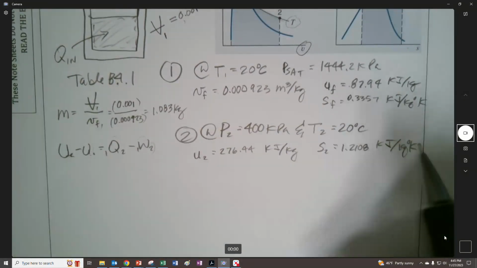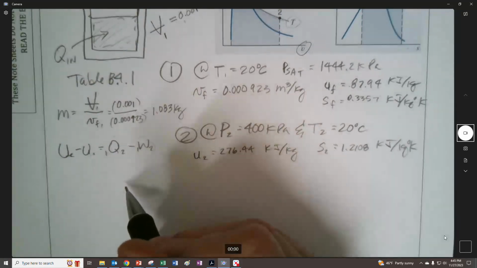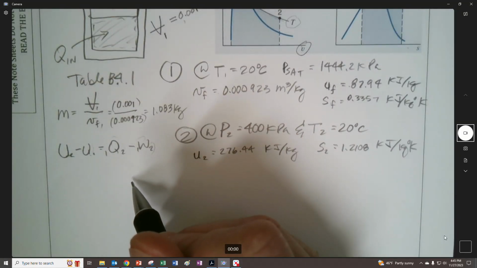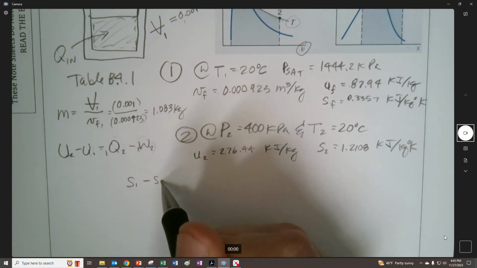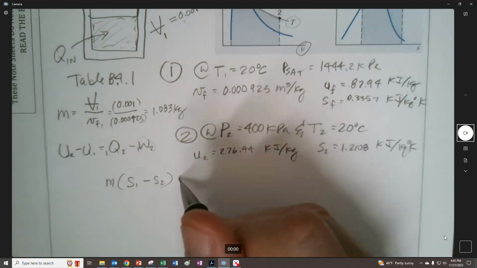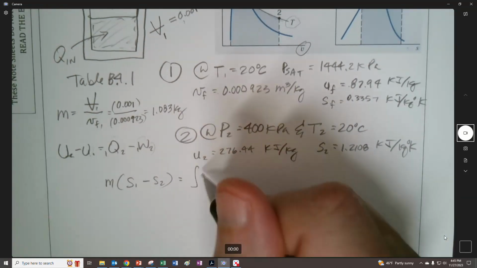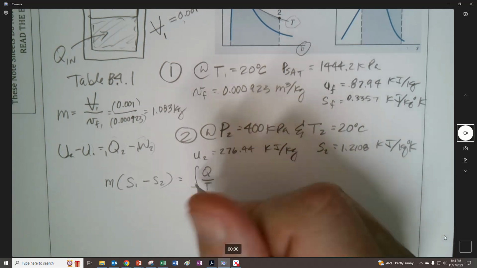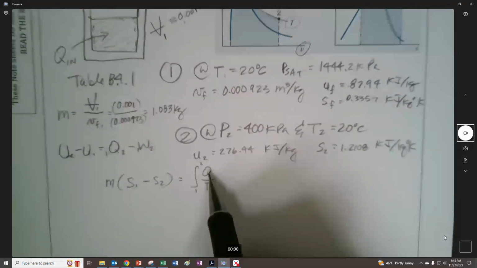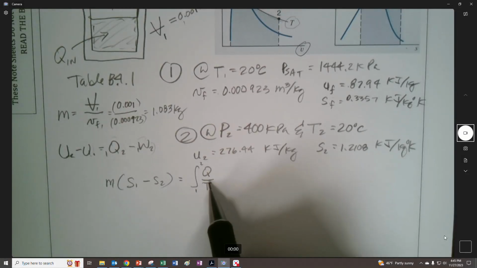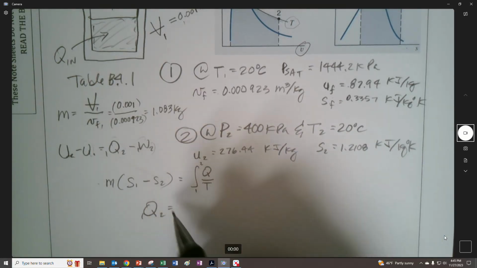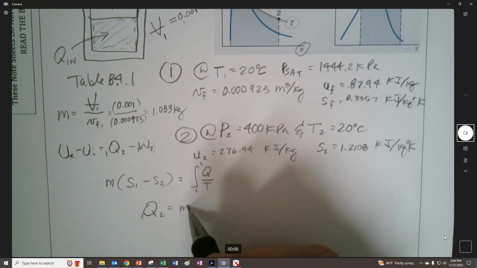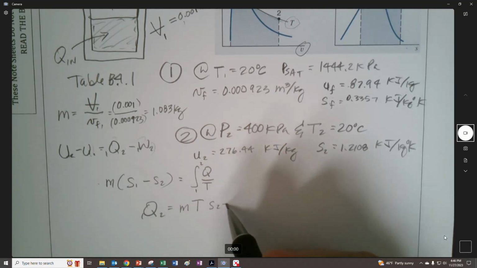For the work, similar to here, we could say that we have S1 minus S2, and M times the little s's. And we got the integral of Q over T from 1 to 2, but the T is constant, so we can bring that outside. So Q1 to 2 is going to be equal to M times T times S2 minus S1.